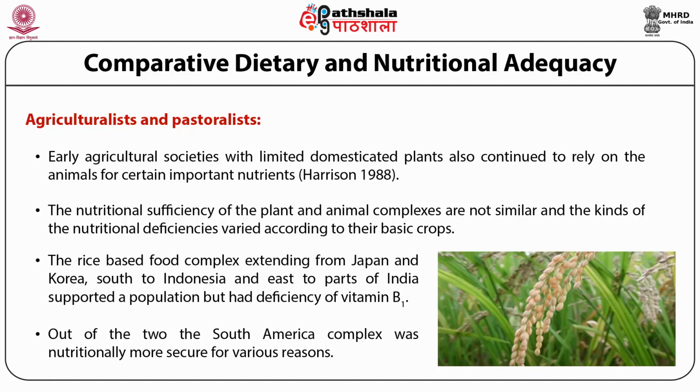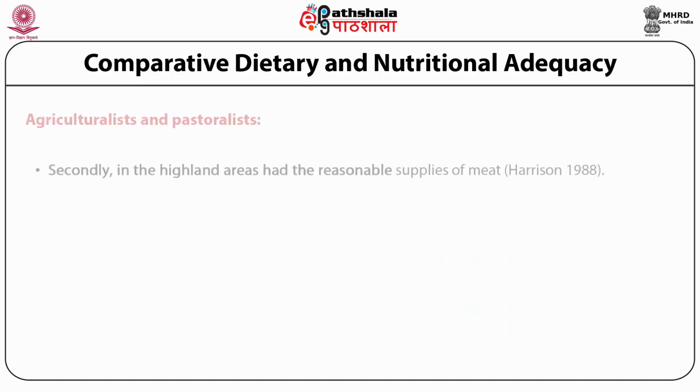Firstly, the potato is high in carbohydrate but low in protein. The potato diet was supplemented by seed-producing Chenopodium, which contains more protein than wheat. Secondly, highland areas had reasonable supplies of meat. Clear evidence shows that in this area undernutrition is very common as a consequence of its currently poor economic status.